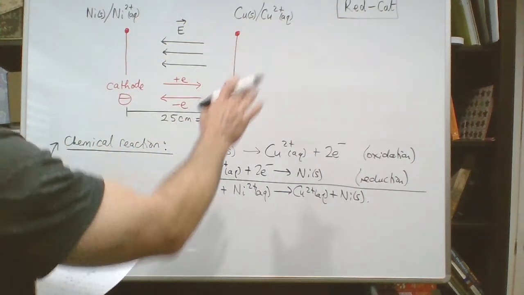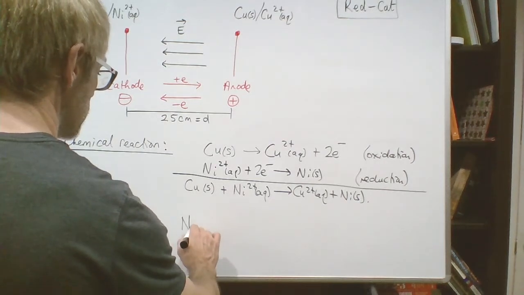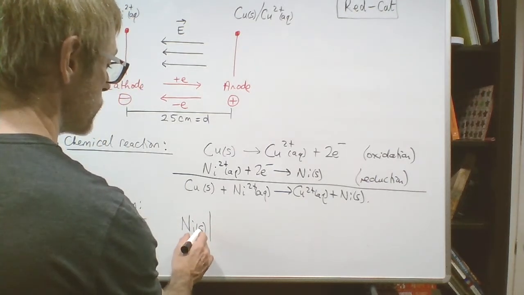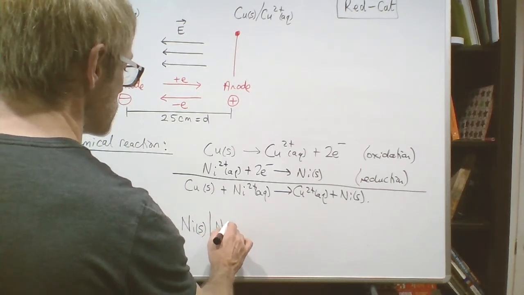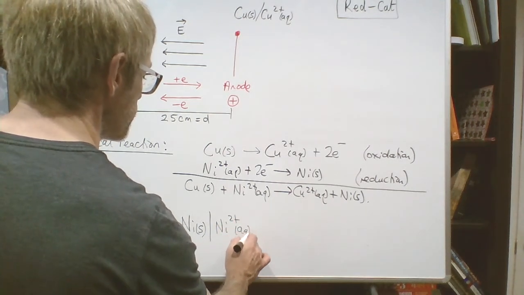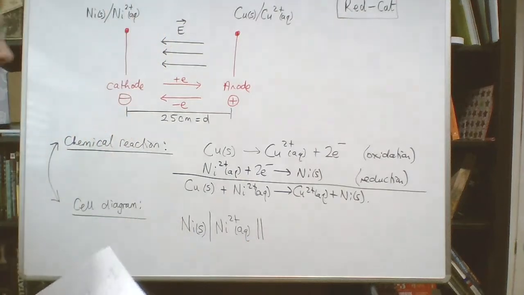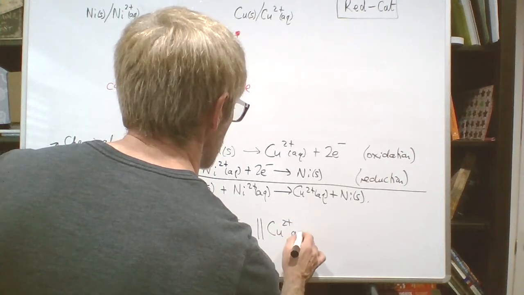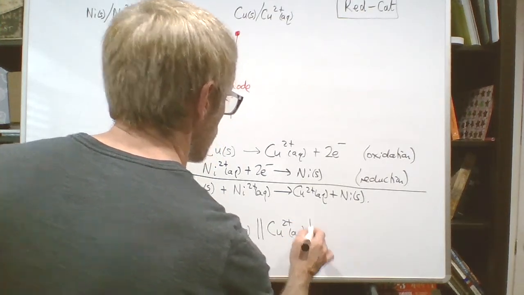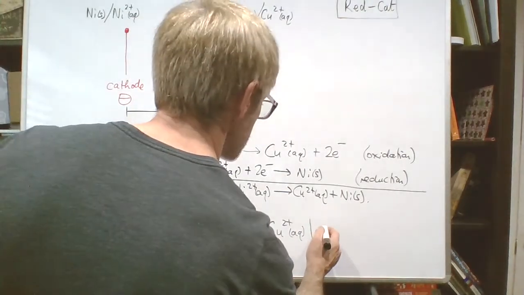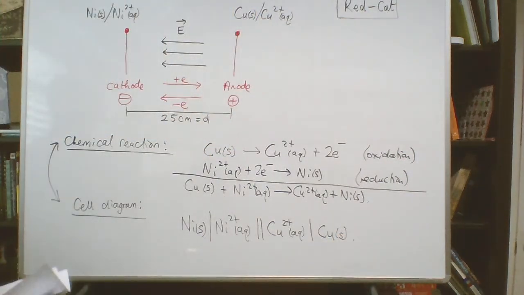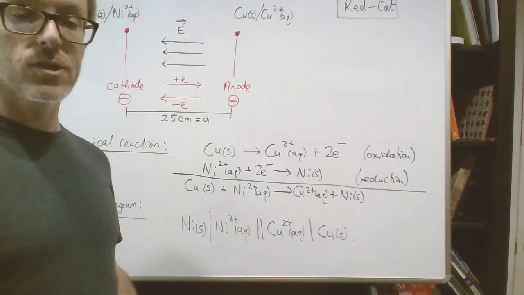If we read this left to right, we can see that we have nickel as our electrode, specifically our cathode, but there's a phase boundary between the solid and the aqueous phase. So we've got nickel 2+ aqueous. Then we've got our connection between electrodes, our salt bridge. Then we've got copper 2+ aqueous, a phase boundary between the aqueous phase and the solid phase, and then a solid copper anode. So this would be our cell diagram, and this will conclude this introductory lecture on electrochem for a general chemistry audience.